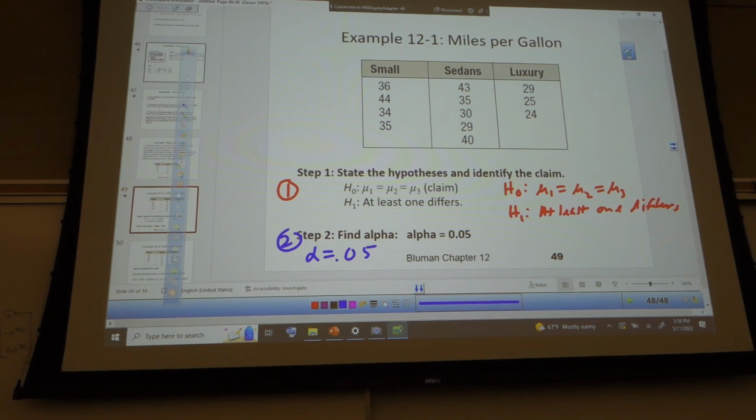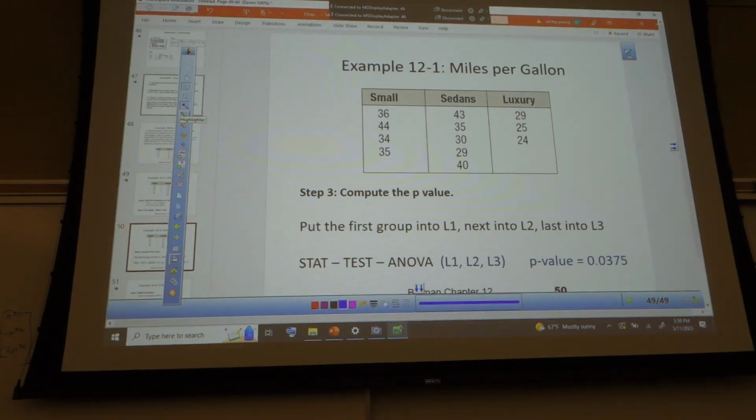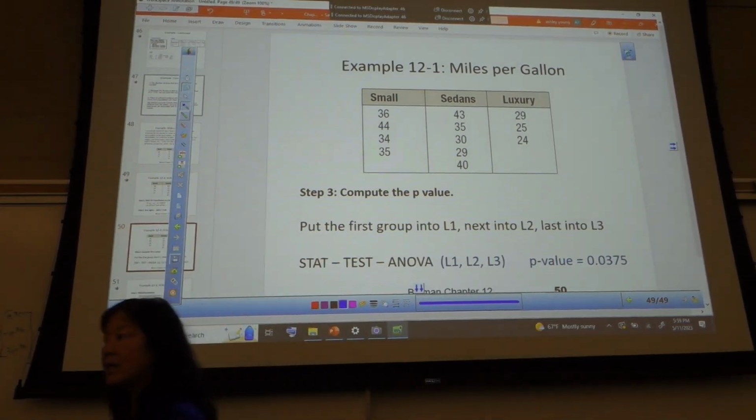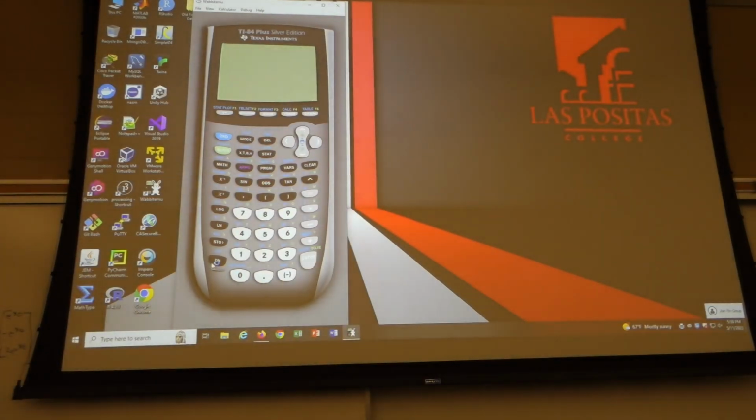Okay, so then step 3, I need to put this into a calculator. So bust out the TI-83/84. We're going to put the first group into list 1, the second group into list 2, the last group into list 3. You may need to clear your lists in order to do that. So stat, edit. Clear, enter will clear your lists.